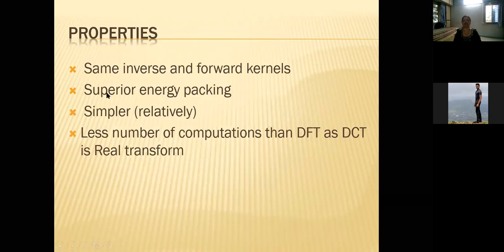It shows very good energy packing efficiency, and that's why DCT is very useful for image compression. It packs the energy, or the information, in very few frequency coefficients. And it is relatively simpler because it is a real transform.